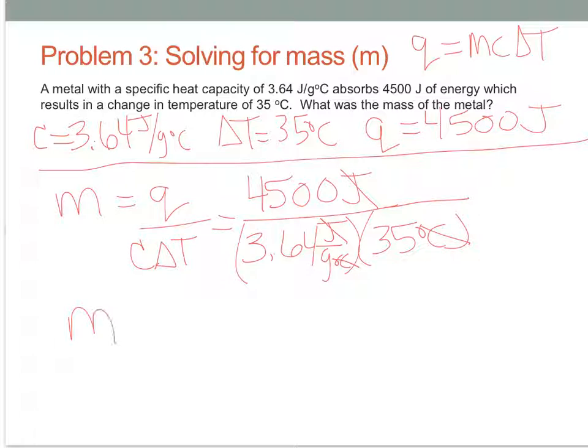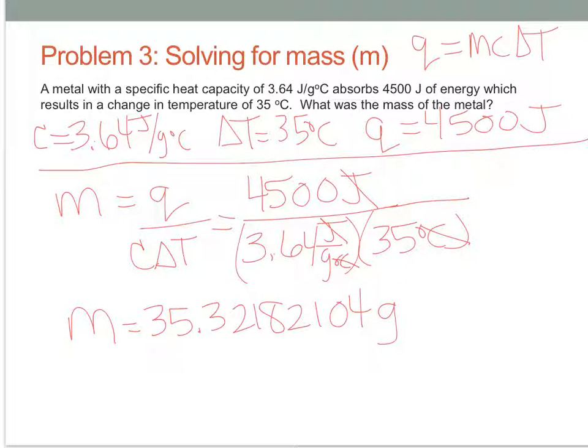So our mass turns out to be equal to, plugging it into our calculator, 35.32182104 grams. That's way too many significant digits.